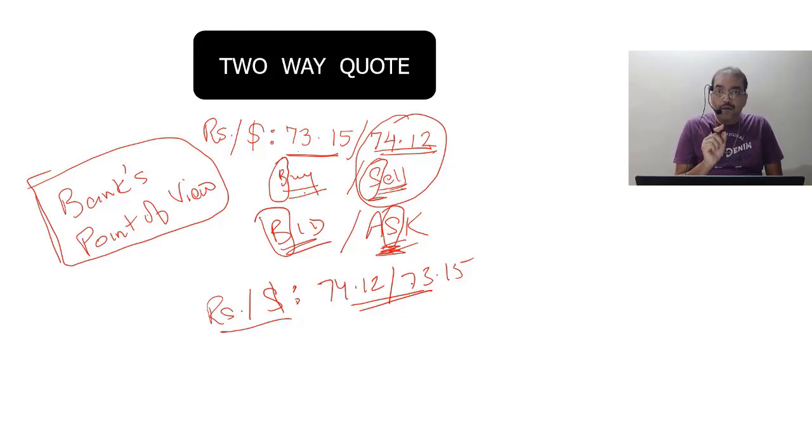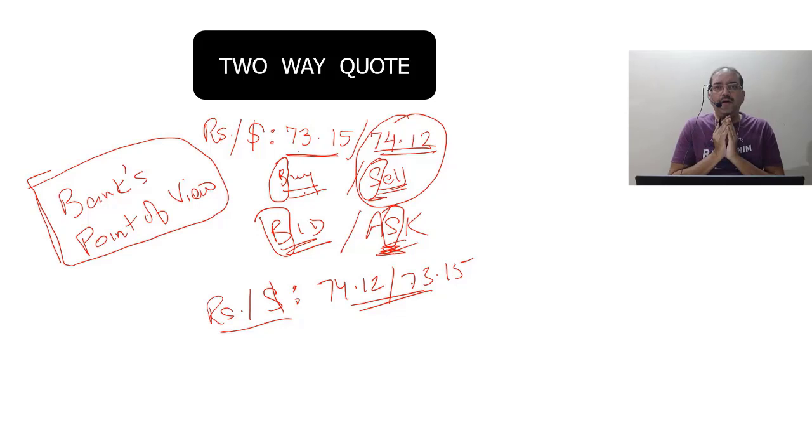Followed? So we have to write our standard format, bid rate first and then ask rate second. They may give it in any format. Let them give it in any format. I have to first arrange my data before I start solving my questions.